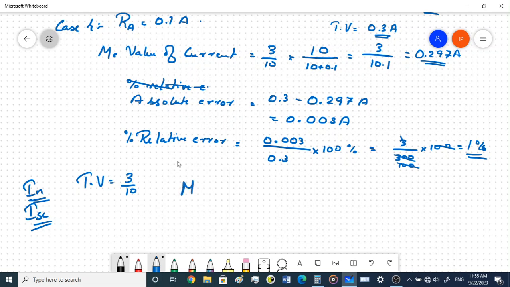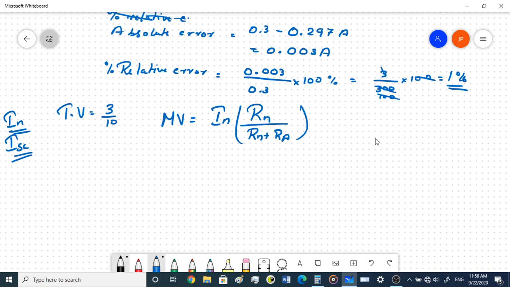Now the measured value in this case is 3 by 10 into, or let's write the general form. The measured value is going to be in this case IN into opposite branch resistance, which is Rn, divided by the total resistance Rn plus Ra, which is the general form.